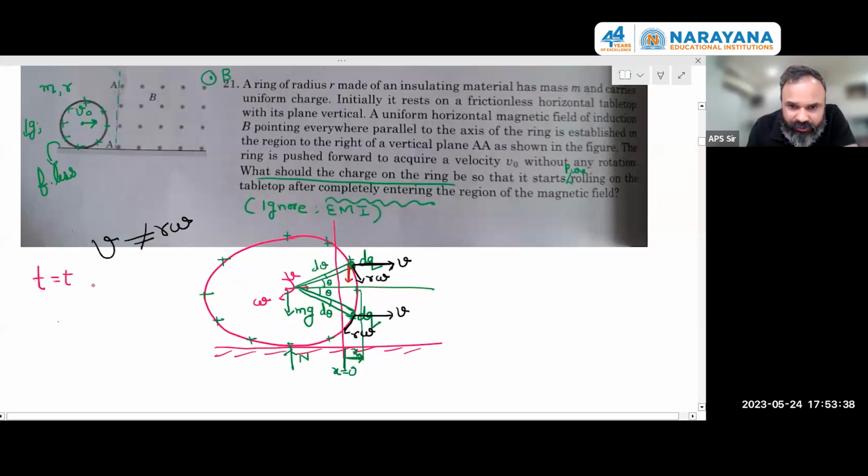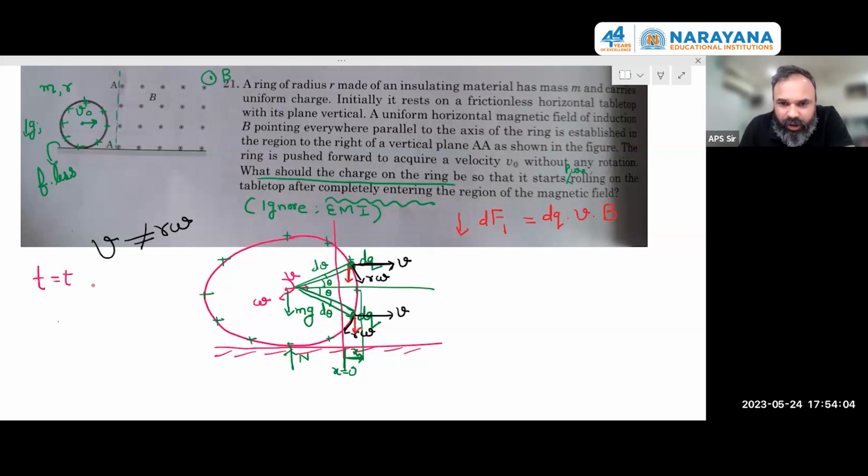Symmetrically, the same dq will have the same force acting downwards. This red force which I have written there, differential force dF downward, or dF1 you can say, is dq into velocity v into B. Velocity and magnetic field are at 90 degrees. Fine, good enough. Both have the same line of action.